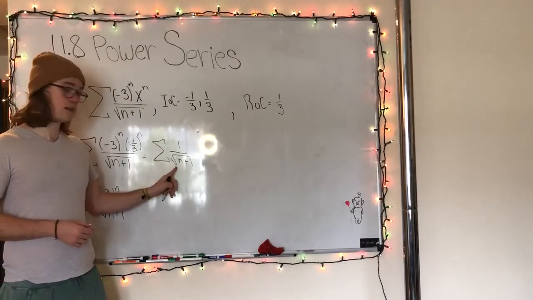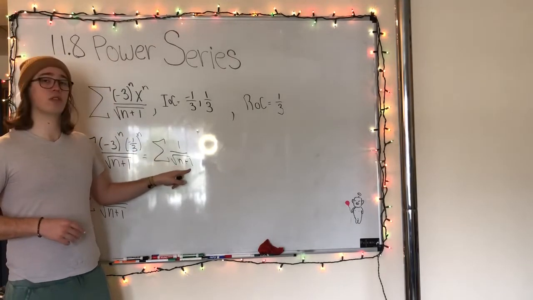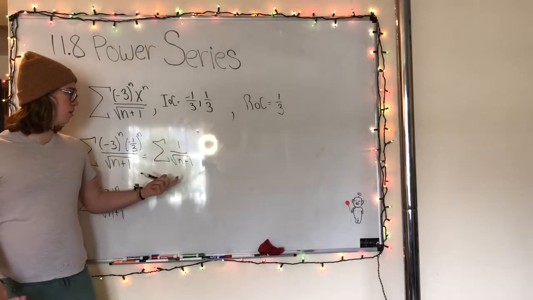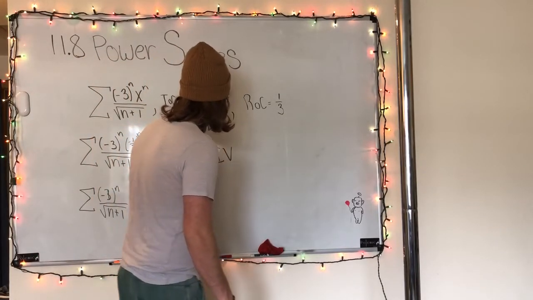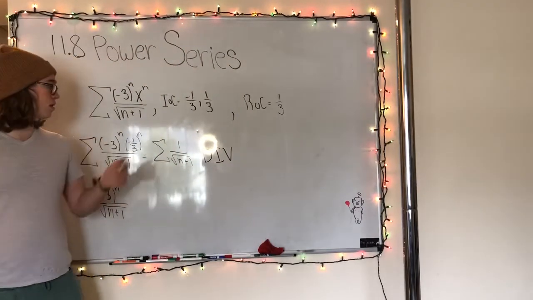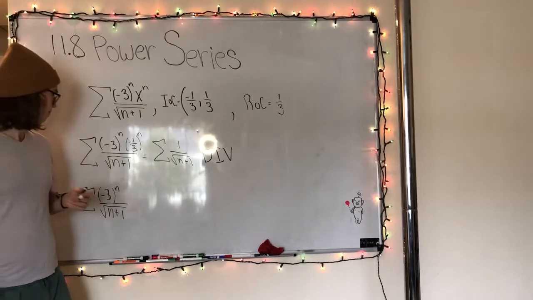This is a square root, so that's n to the 1/2 essentially, because when our numbers get really big, we don't have to worry about the plus 1. So this diverges. If that diverges at -1/3, we can put a parenthesis.